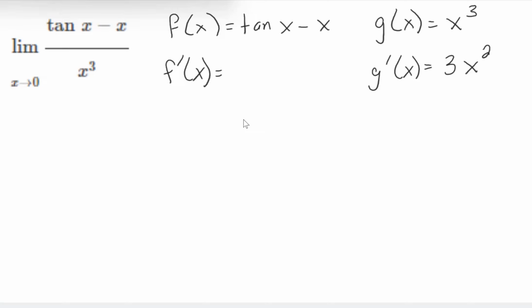The derivative of tan x is secant squared x. Yes. Okay, nice.